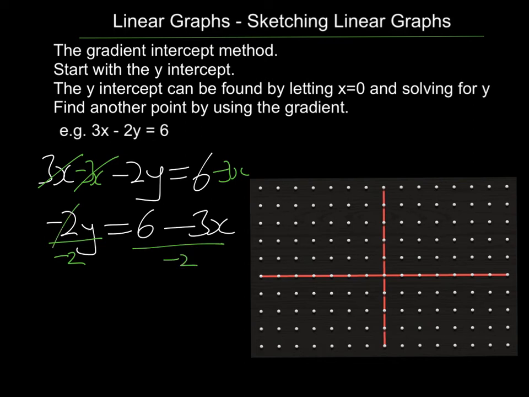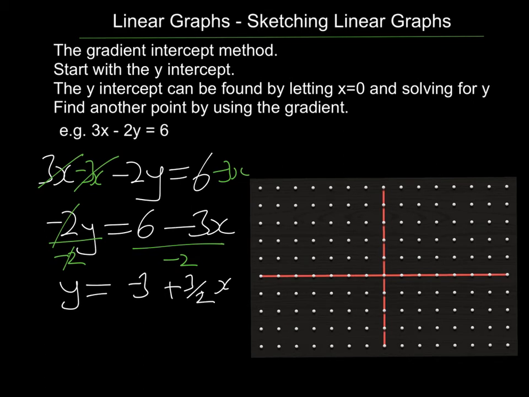On this side they cancel, so I just end up with y. On the right hand side, the -2 is being divided into both parts of the expression. So I'm going to end up with -3 plus 3 over 2 x.